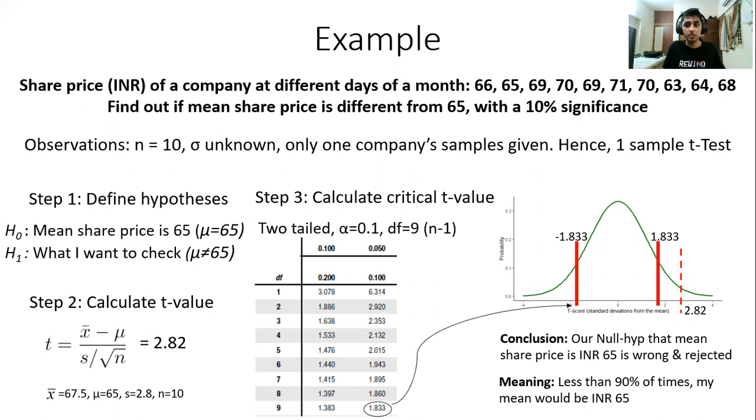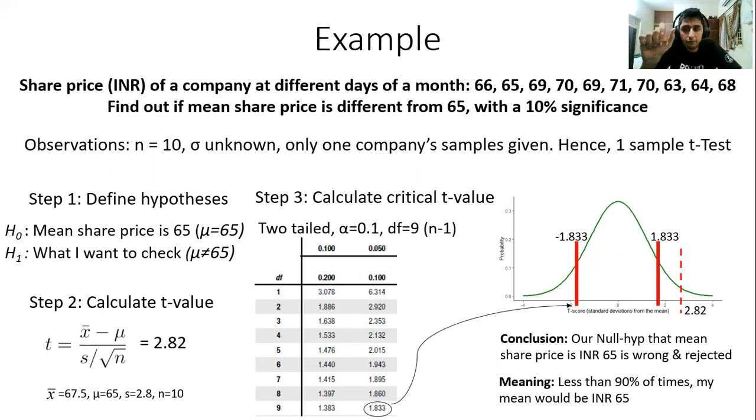If you take 95%, it's again harder to get the number within that region. So less than 90% of the time means it's not very frequent. Only if it happens frequently can you say that the mean share price is 65. It does not happen frequently, so your null hypothesis is being rejected.